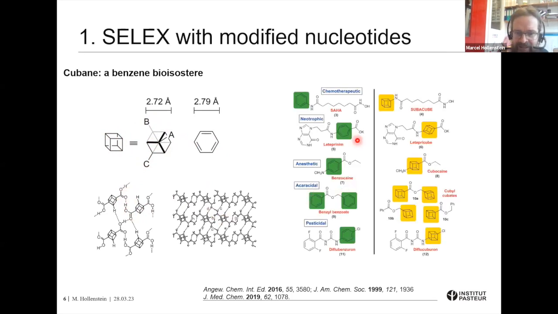Also, cubane is quite an interesting scaffold in medicinal chemistry, where the aryl groups of drugs and pesticides are replaced with cubane moieties, and the resulting cubyl analogs are usually either equally potent or more potent than the parent derivatives. So because of that, we thought that this would be an interesting scaffold to use in aptamer selection.